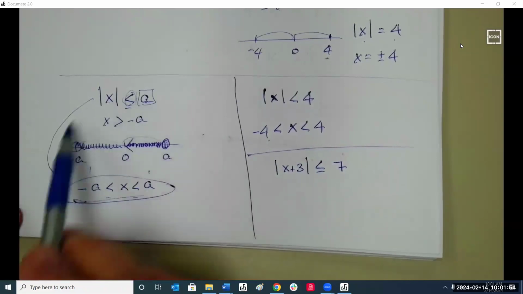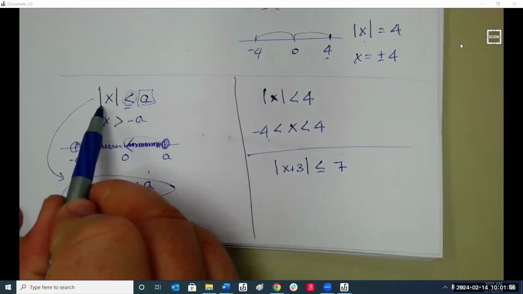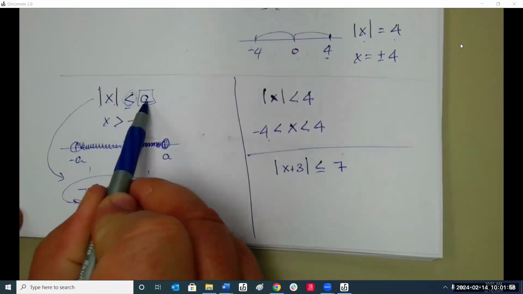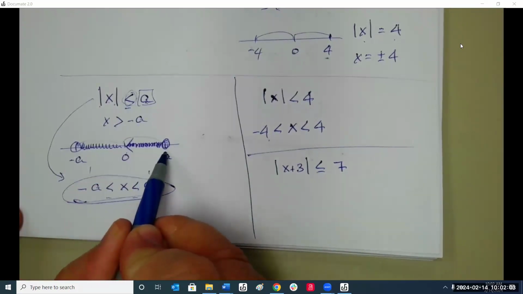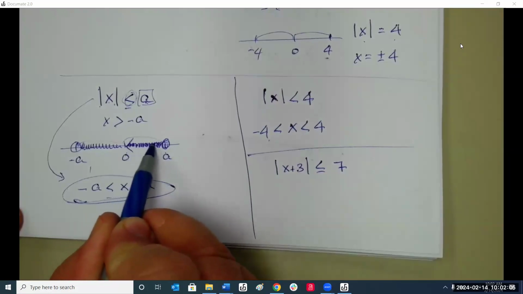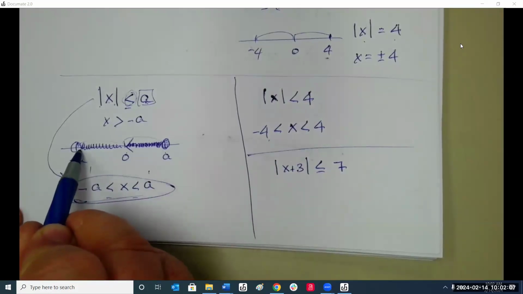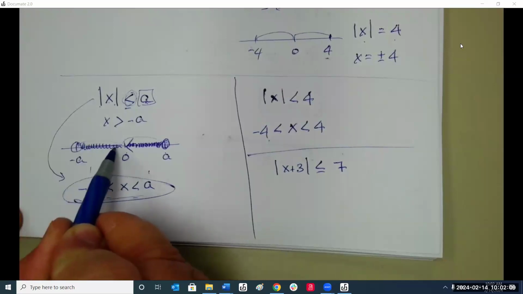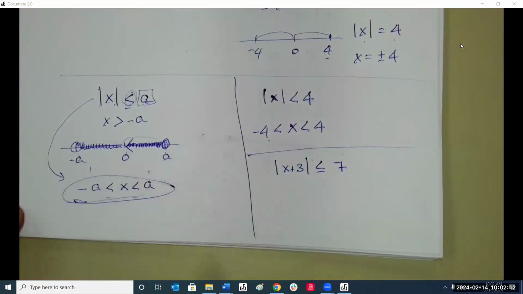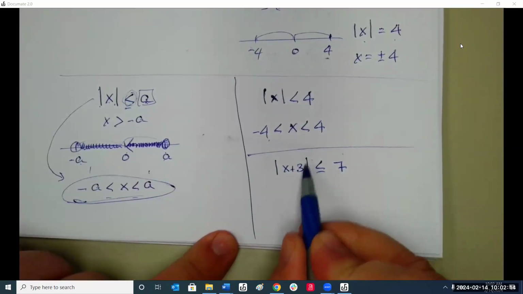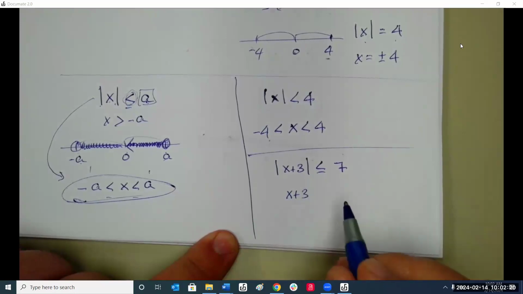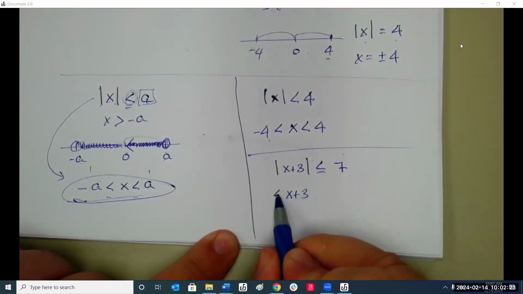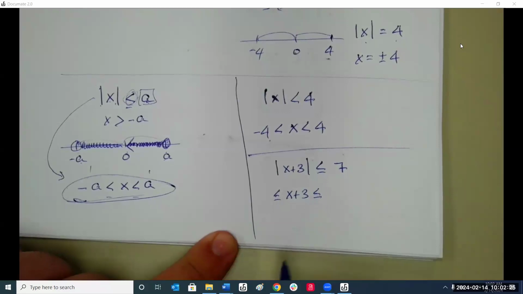All right. So as this example showed, if I have absolute value of X is less than some number A, that means from wherever A is, it's how far to zero. I also have to look at it from the negative side. How far is it from zero? It's A units. So when I drop the absolute value sign, there's nothing around there, which means I have both sides.